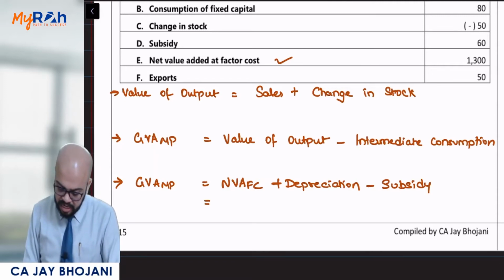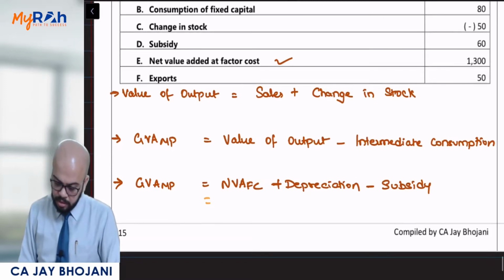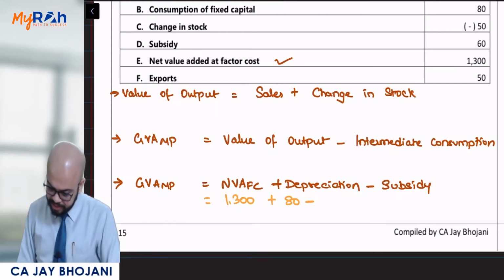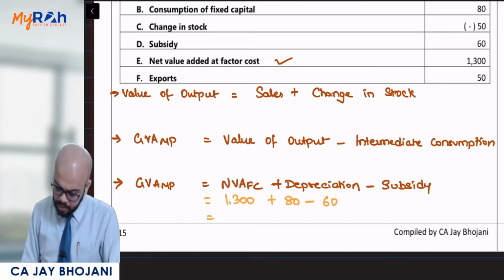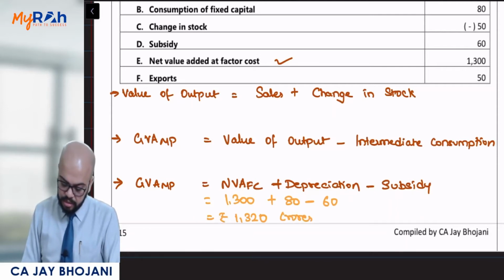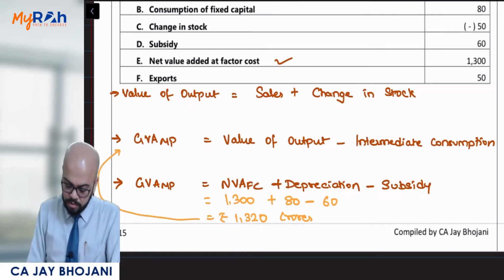Okay, so NDPFC, this is where my answer will begin from. NDPFC is given to me, 1300, plus depreciation, that is consumption of fixed capital, 80, and minus subsidy, which is 60. So this will be what, 1320. Okay, now using this 1320, I am going to get to value of output.